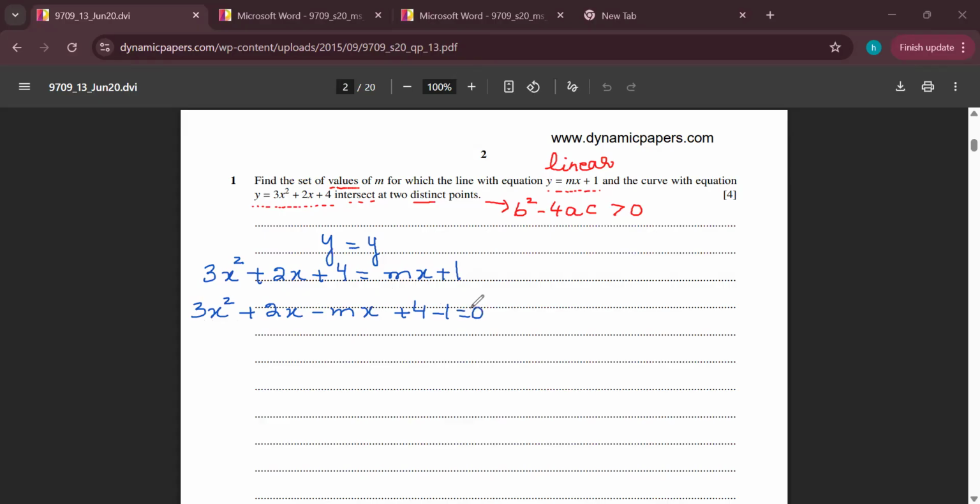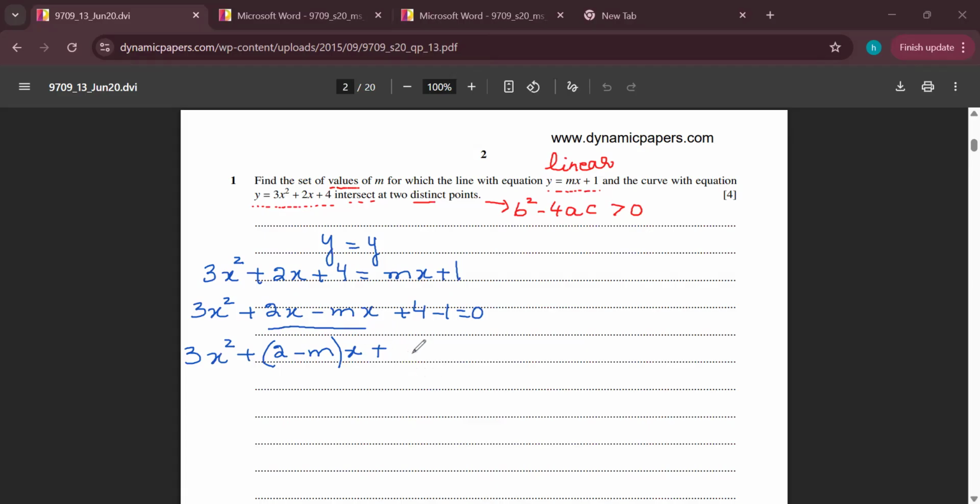Now we'll simplify. 3x square plus, we'll take out x common, 2 minus m, x is outside, x was common in both of these. But remember one thing, whenever we are taking out common the variables, x, x square, these things, please always write them on the other side, not before.